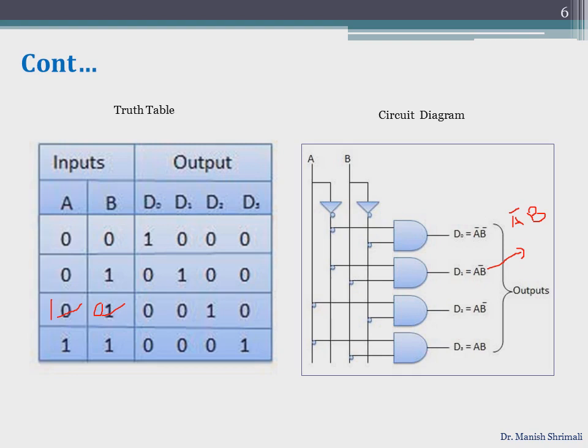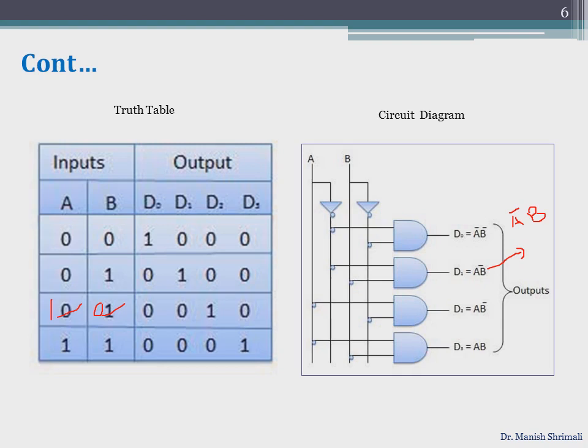This is the truth table, in which we have A and B as inputs and D0, D1, D2, D3 as outputs. When both A and B are 0, D0 is high. When A is 0, B is 1, D1 is high.